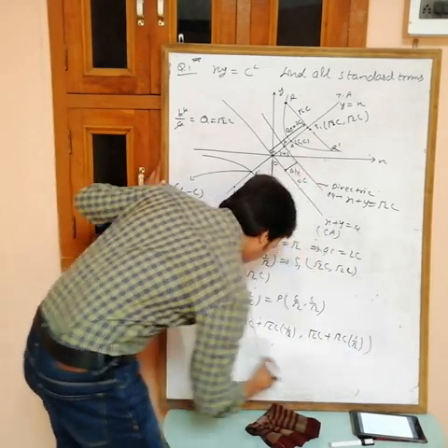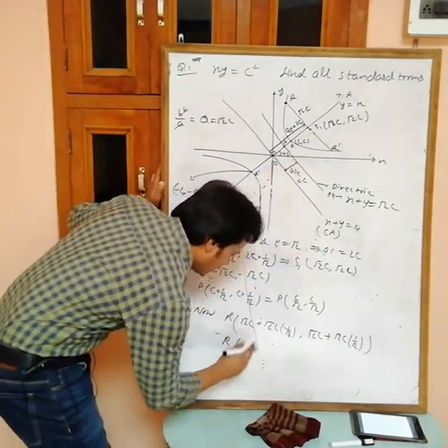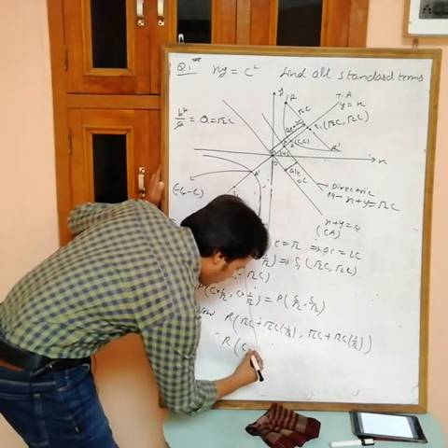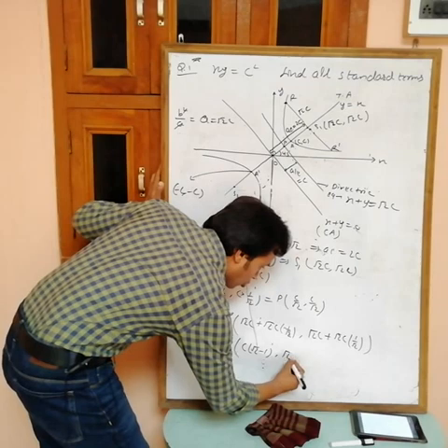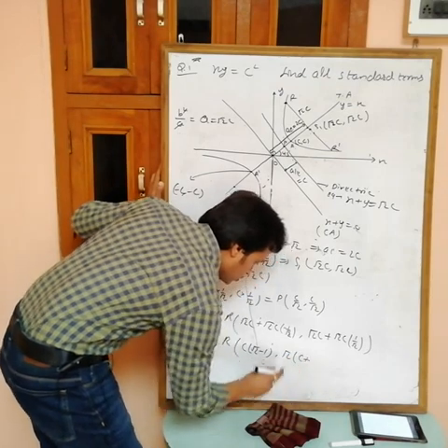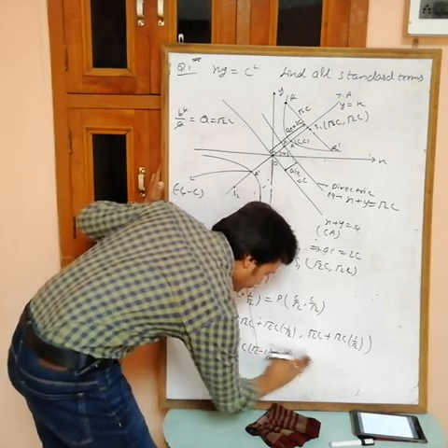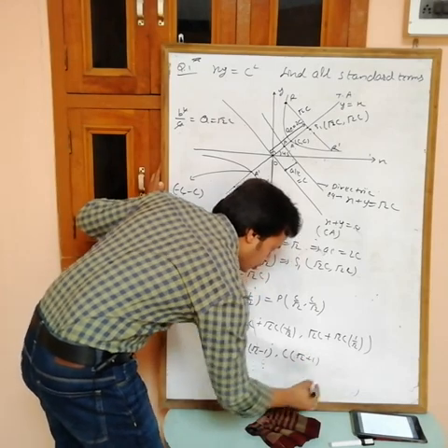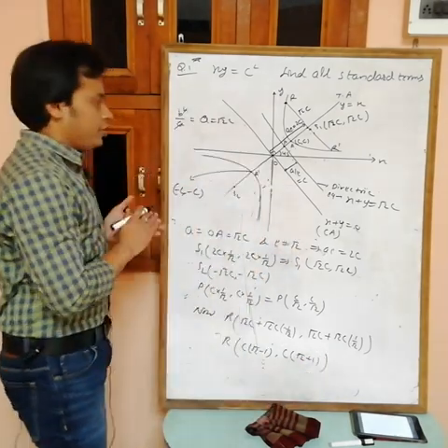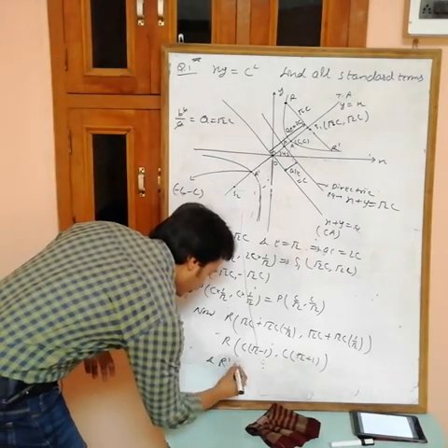From this we get r, the root 2 cancels out. If you take c common, you will get c into root 2 minus 1 comma c into root 2 plus 1.